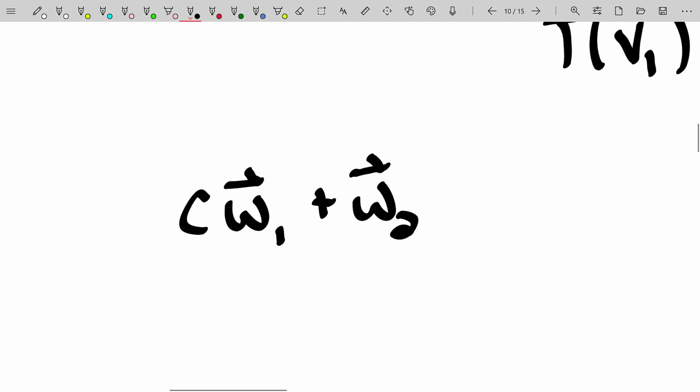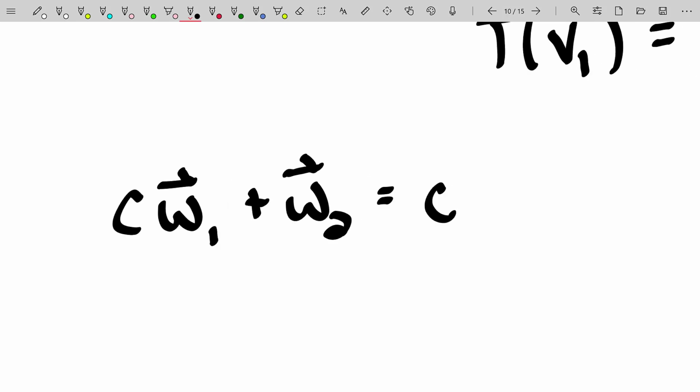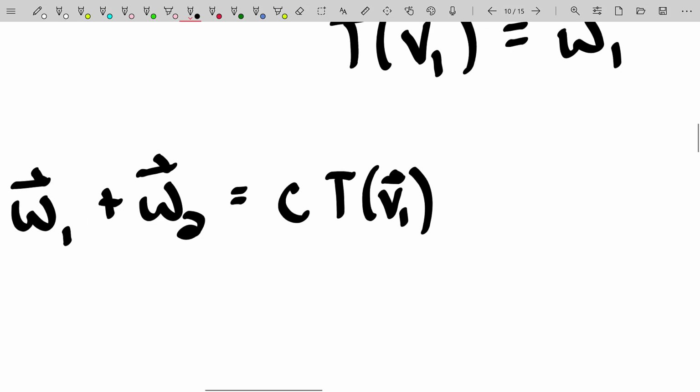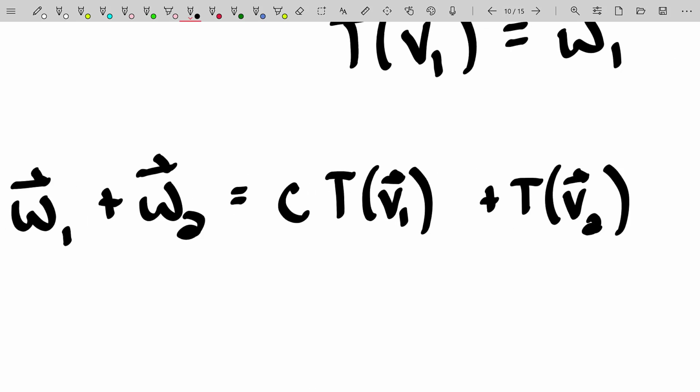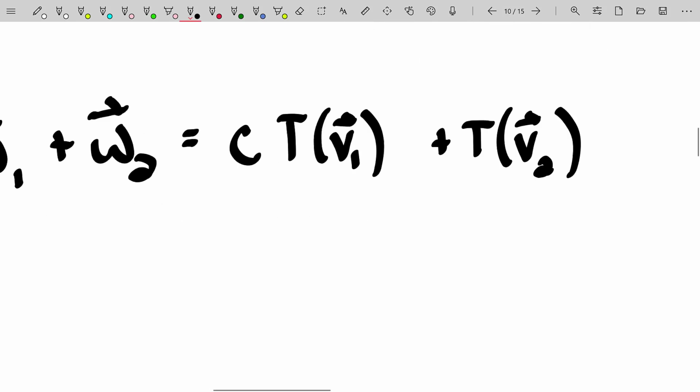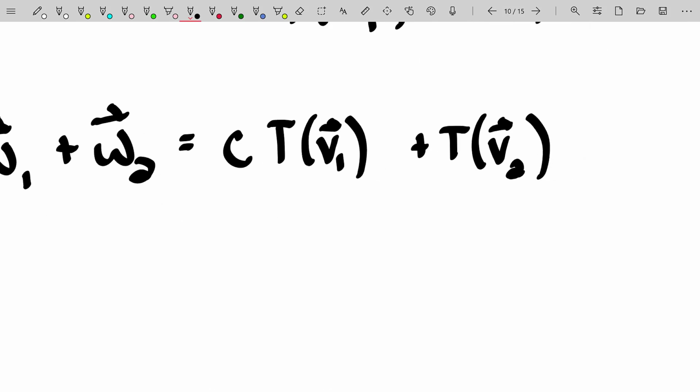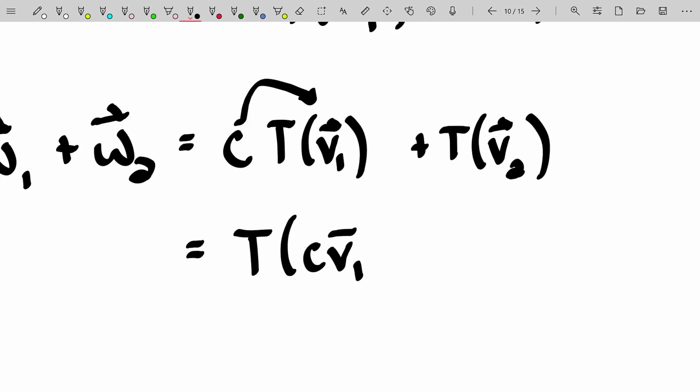Well, we happen to know that can be rewritten as C times, well, W sub 1 is just a transformation of some vector we called V sub 1 in H. And W sub 2 is likewise a transformation of a vector we called V sub 2, again in H. But remember, if T is a linear transformation, we can rewrite this product right here as the transformation of C times V1.